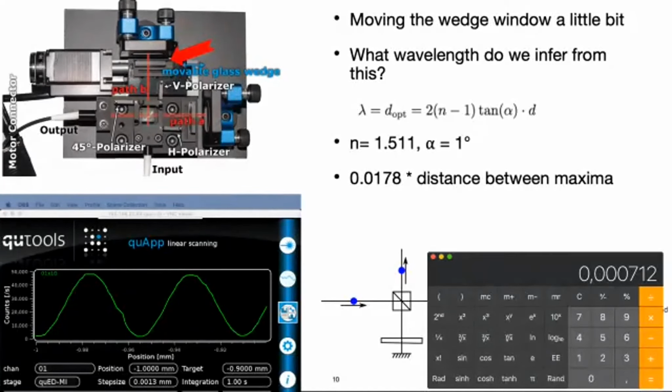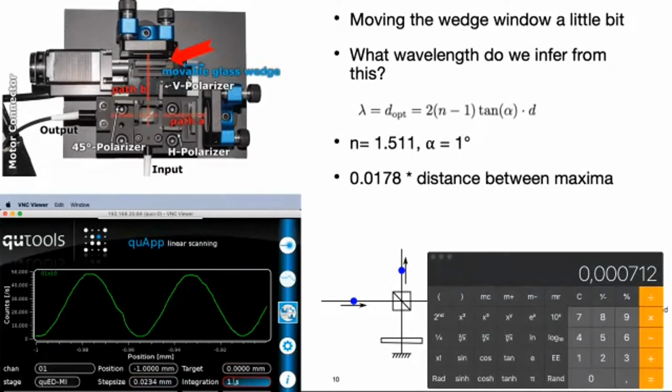But while I'm making a longer scan here, maybe you can think about how we could increase the accuracy of this measurement, because it's not very accurate, right? So I think we agree with this. I will briefly go to some position here.